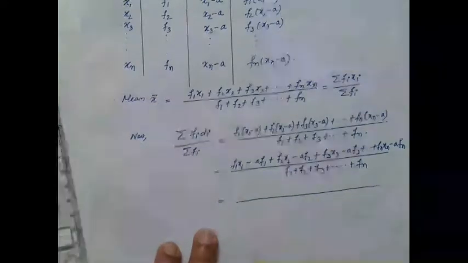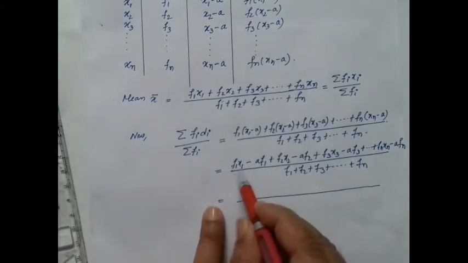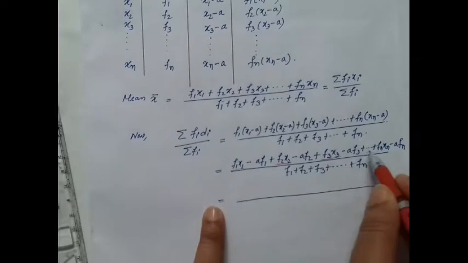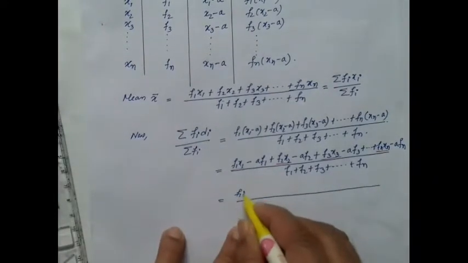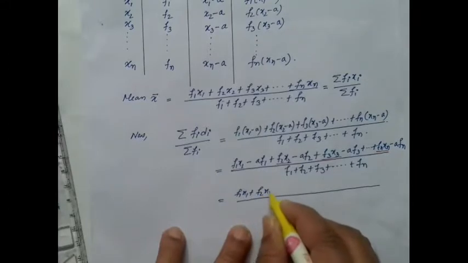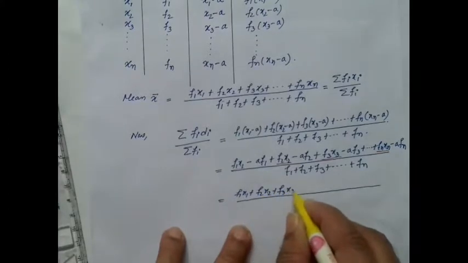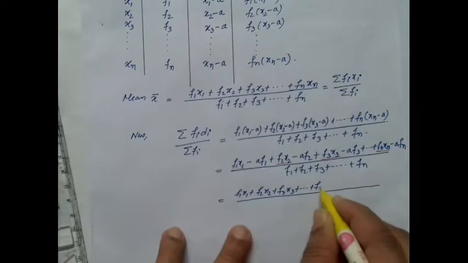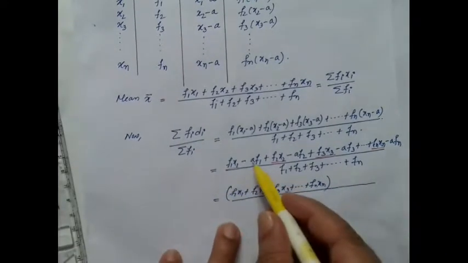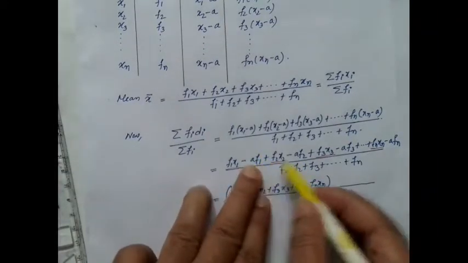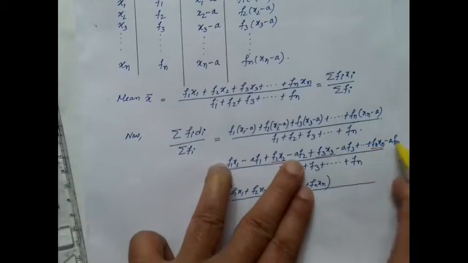Now we have to rearrange. We take f1 x1, f2 x2, f3 x3, then dot dot and fn xn. So f1 x1 plus f2 x2 plus f3 x3 plus dot dot dot plus fn xn, we put in a bracket. Then we take the remaining terms and take minus a common from these terms, minus f1 minus f2 minus f3 dot dot minus fn.